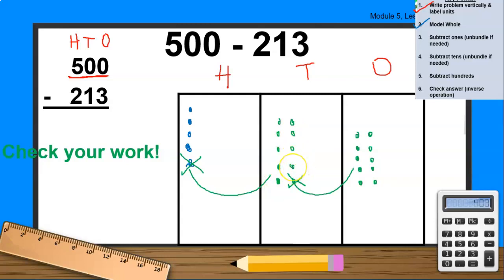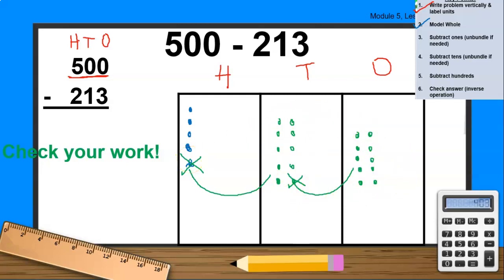Now let's count the ones. 91, 92, 93, 94, 95, 96, 97, 98, 99, 100. Boys and girls, so 9 tens and 10 ones is the same thing as 100.